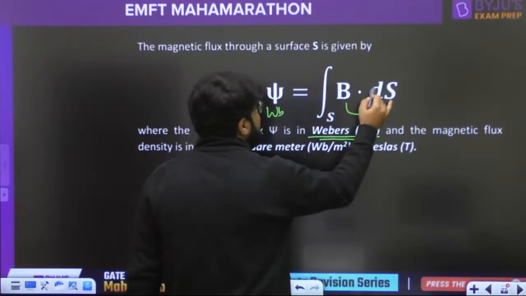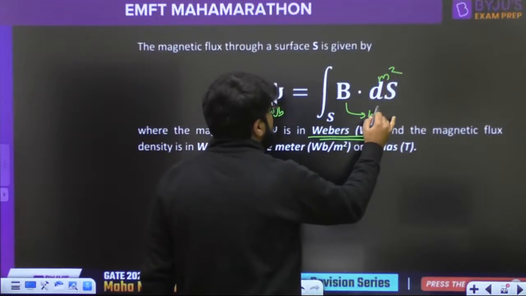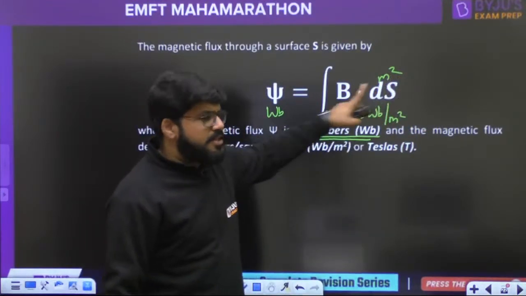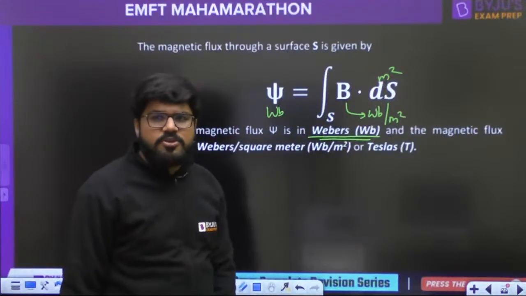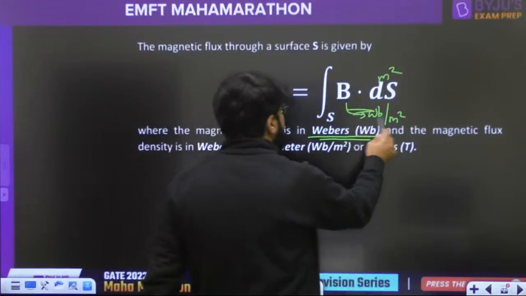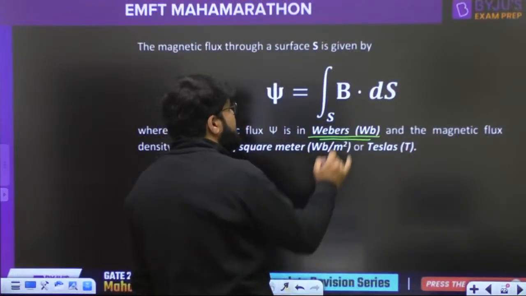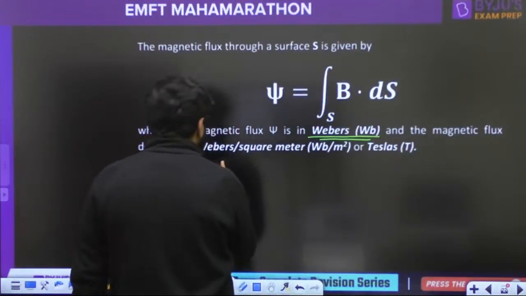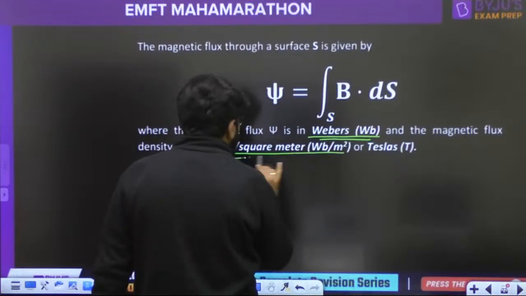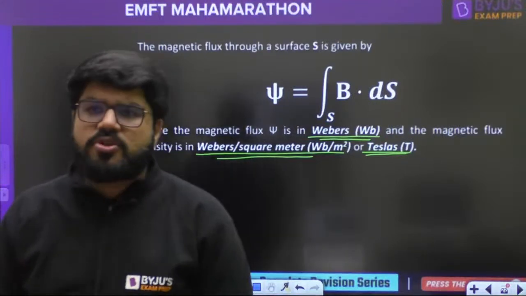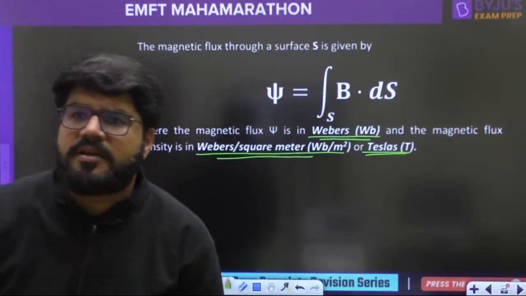Xi is in Weber, surface area is in meter square, so B should be Weber per meter square. Weber per meter square into meter square should be equal to Webers. The unit should be consistent. That is why the flux density is measured in Weber per square meter, and that is also known as Teslas.